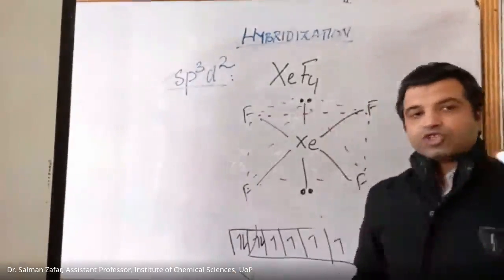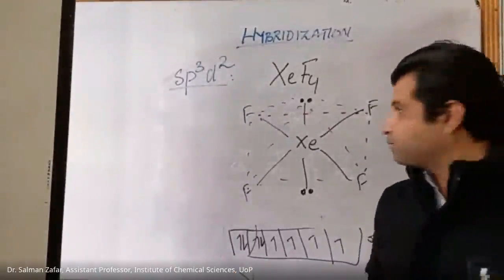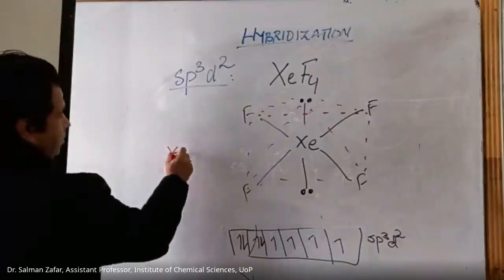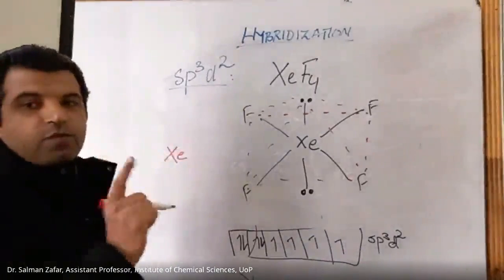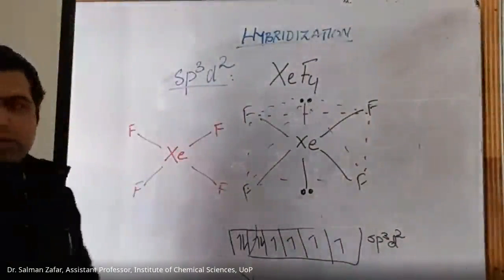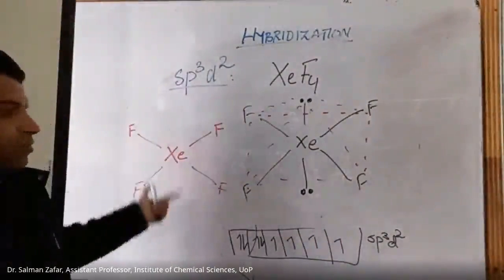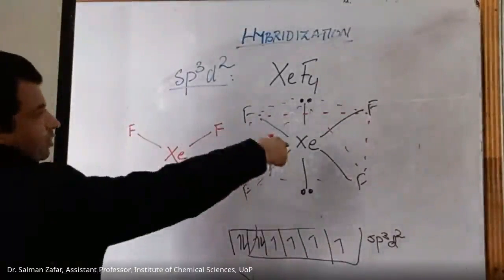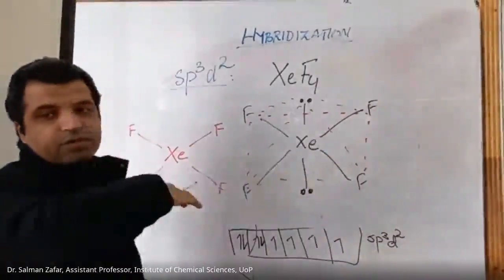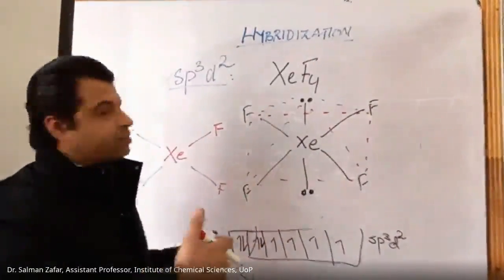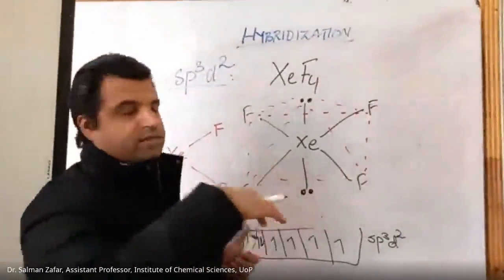What would be the geometry of the molecule? So we have xenon with 4 fluorine atoms, and they would be placed like this. We do not write the lone pairs here. So you can see, as I told you earlier, that these 4 fluorines, or the orbitals with which fluorine bonds, are present on the horizontal axis.